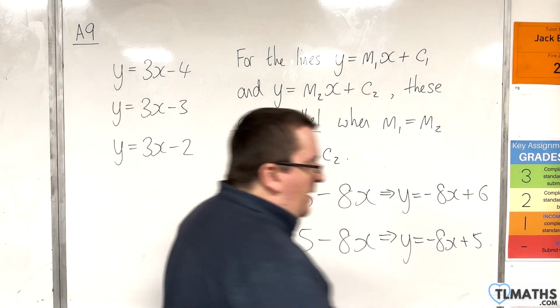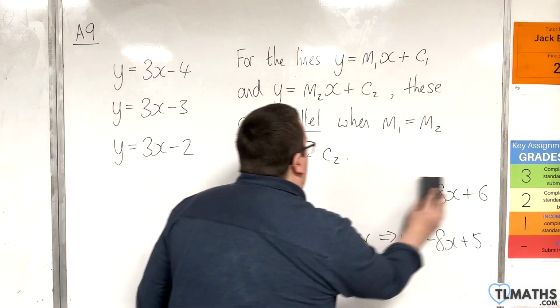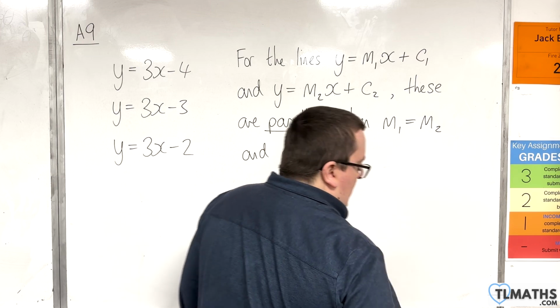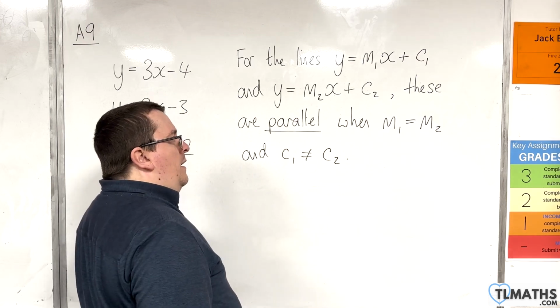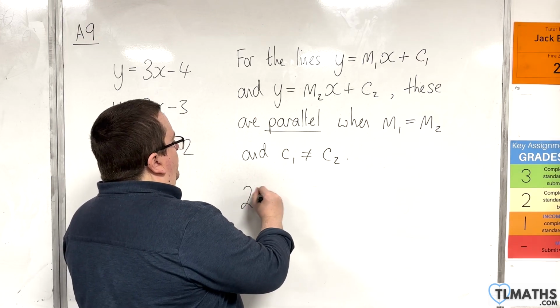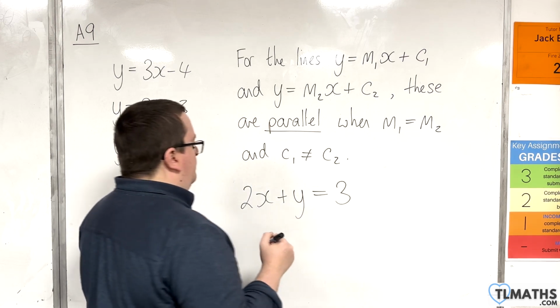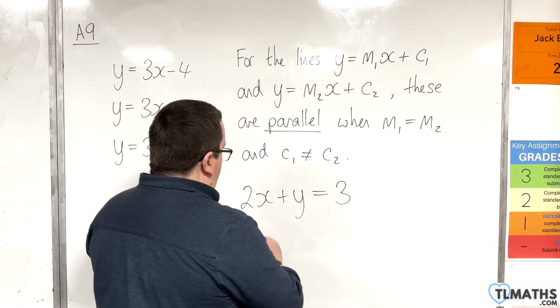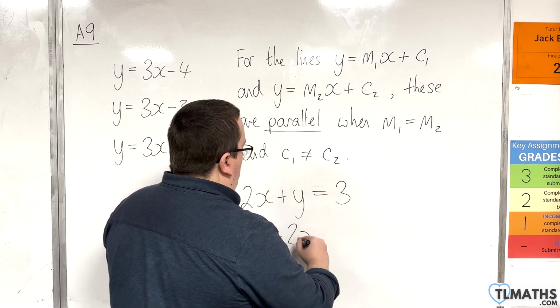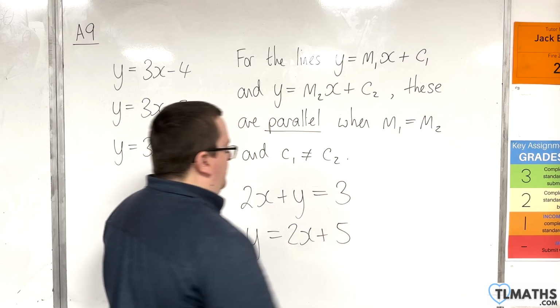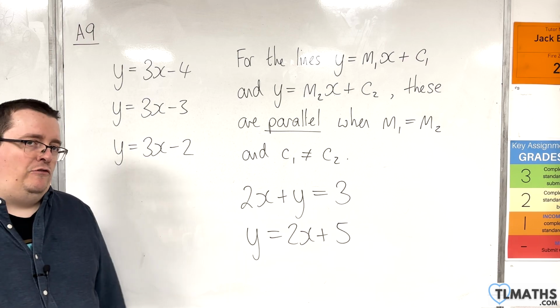You do have to keep an eye out though. So let's say I had this: 2x plus y is equal to 3 and y equals 2x plus 5. Are these parallel?